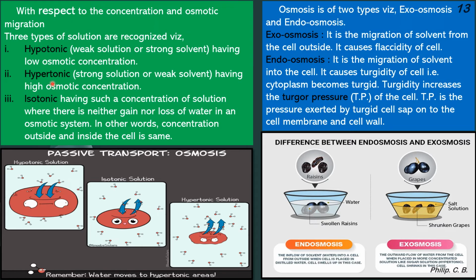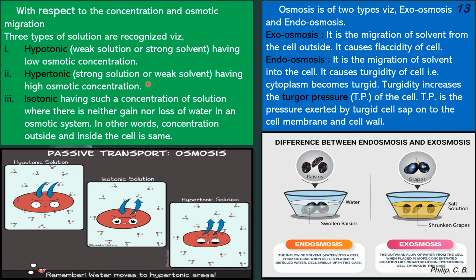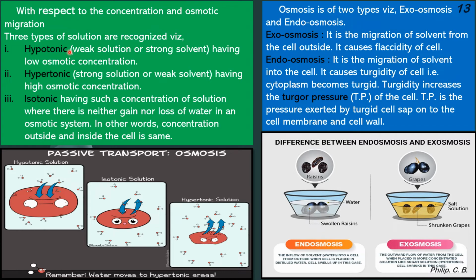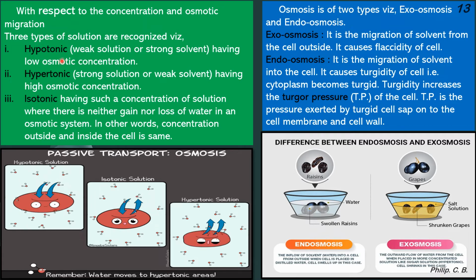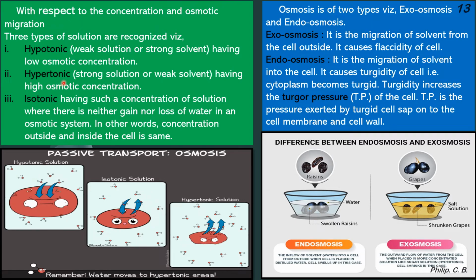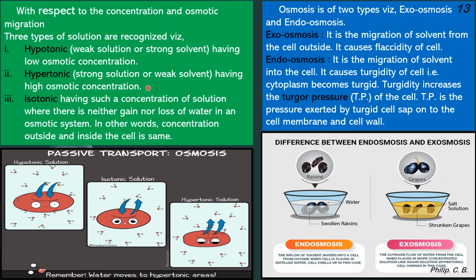Hypertonic, the term hyper means strong solution or weak solvent, having high osmotic concentration. So if you see here, in hypotonic, the solution is weak with low osmotic concentration and the solvent is strong. In hypertonic, the solution is strong, as the name hyper suggests, with high osmotic concentration, whereas the solvent is weak.